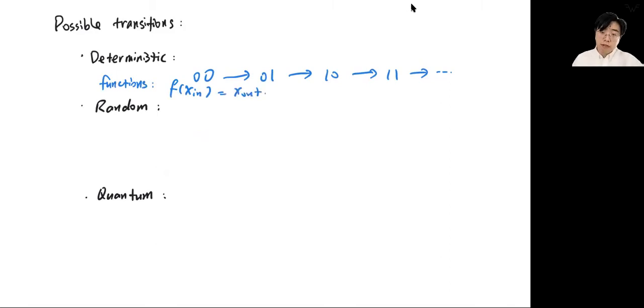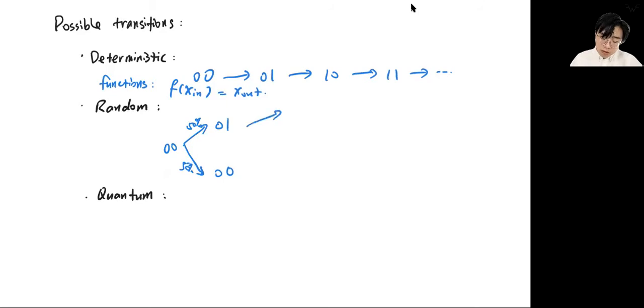What if we add randomness into this process? We start again with 00. A random transition will look like we flip the second bit with some probability. If we write the probability of each transition on the edge, then we will see we flip the second bit with probability 50%.